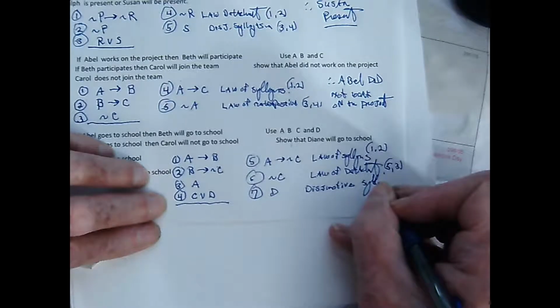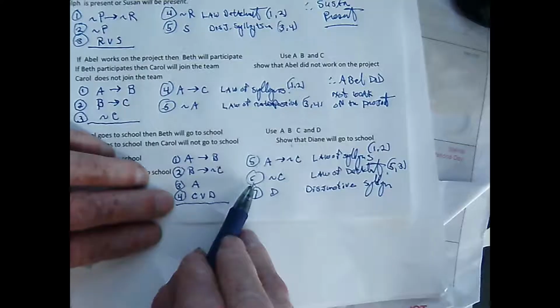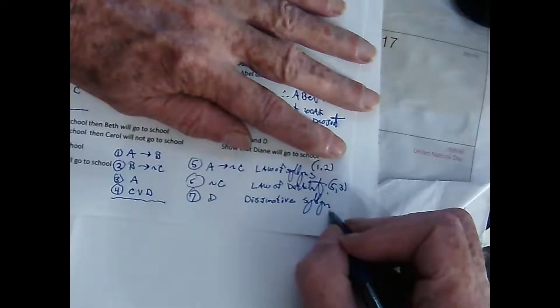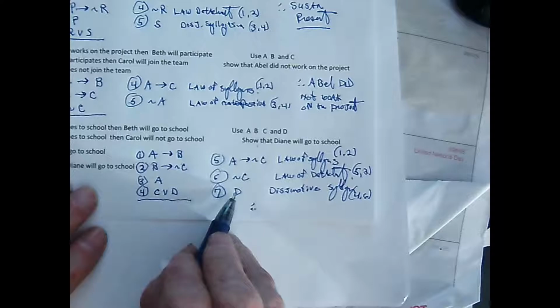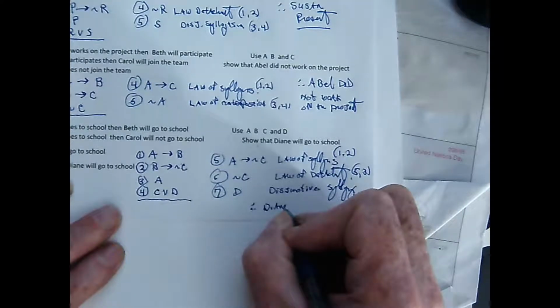I used it with statement 4 and 6. C or D, but not C. Yep, that led me to this conclusion. So disjunctive syllogism on 4 and 6. So my conclusion is, therefore, D, and D tells me that Diane will go to school. Therefore, Diane goes to school.